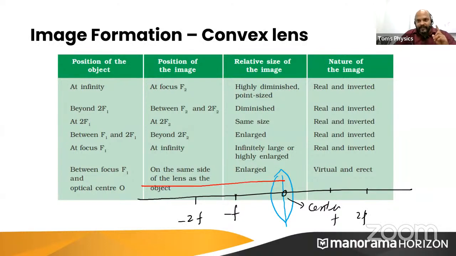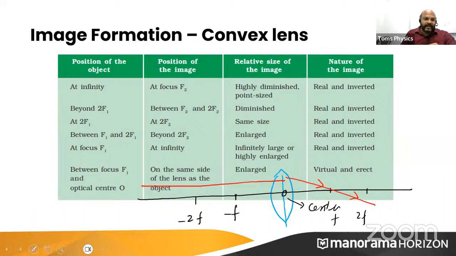So if your incoming ray is traveling parallel to the principal axis, it will pass straight through the focus. Please remember this. In the case of concave lenses, it is going to pass through the imaginary focus.